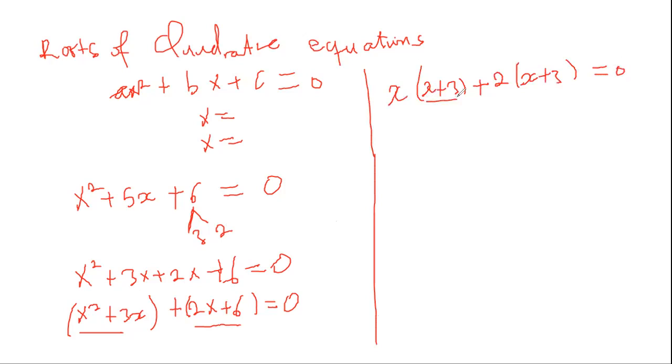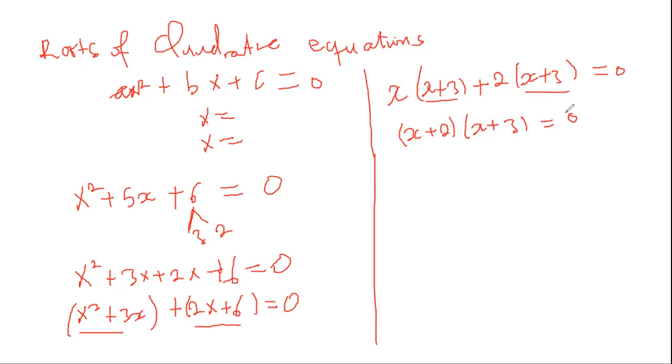So the x plus 3 as well becomes a common factor. So we can write this as x plus 2 into x plus 3 equaling 0.